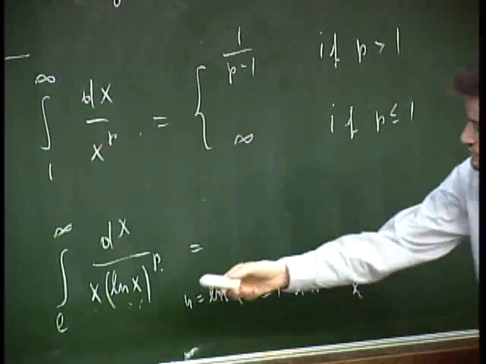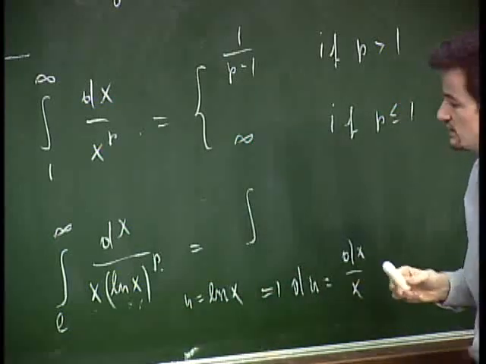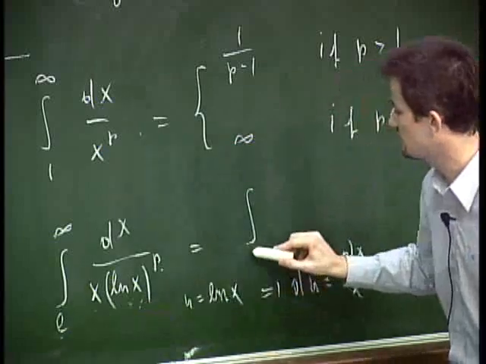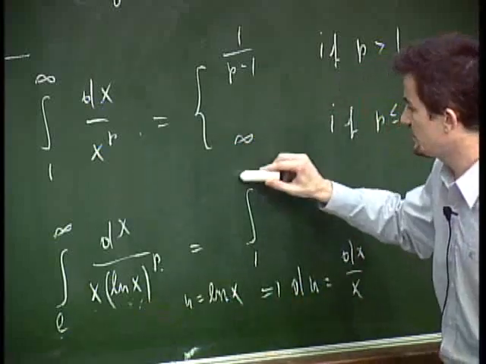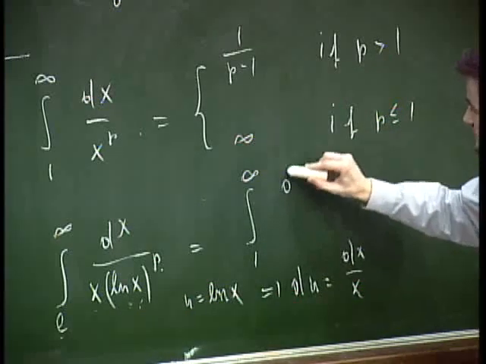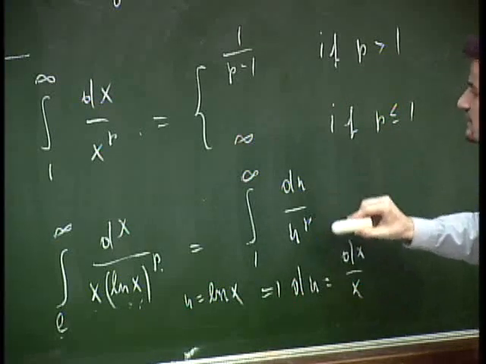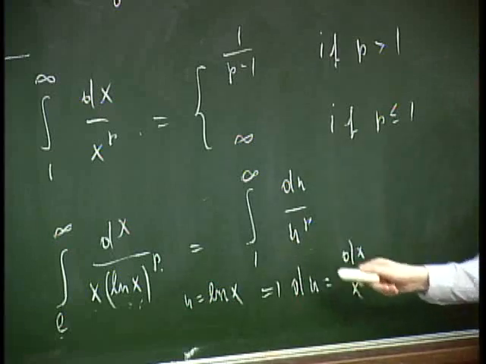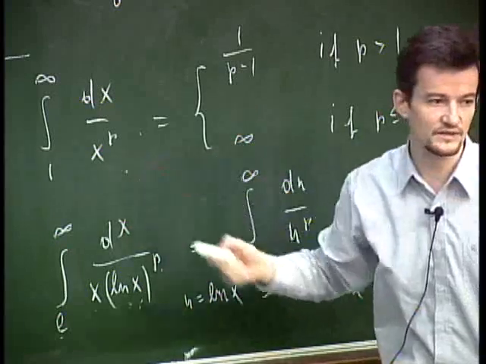Then this integral transforms into the integral with lower limit 1, upper limit remaining infinity, and then you have du over u to the p. The behavior of this one is determined by this one.